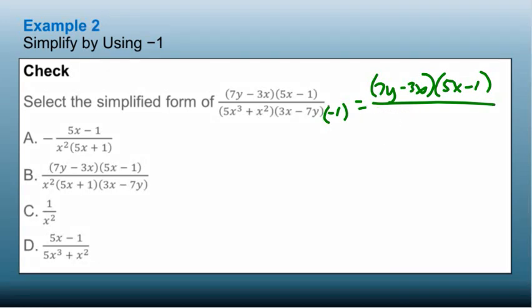You can take out an x squared here. This will give me 5x plus 1. And here I have a 3x minus 7y. If I take out a negative 1, then that would make it 7y minus 3x.